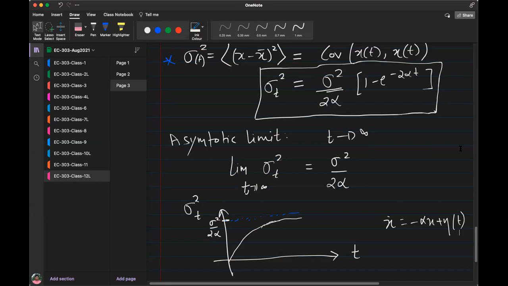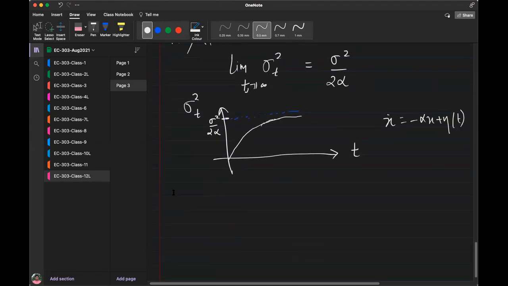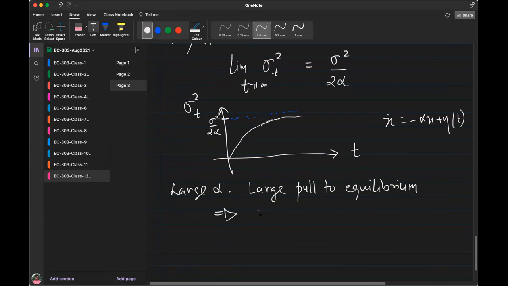Any other interesting limit? Large values of alpha. What does a large value of alpha mean? The force pushing back to the equilibrium is very, very high. So what happens to the variance in that case? We can think of large alpha, large pull to equilibrium, right? What do you expect? Should the variance be large or small?